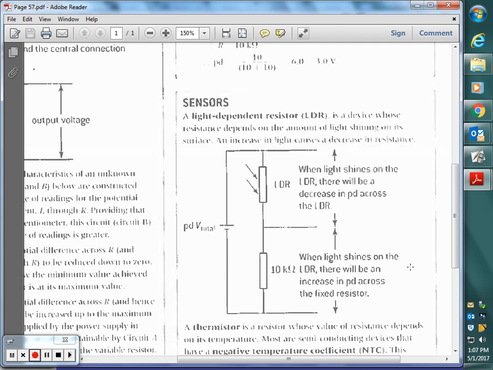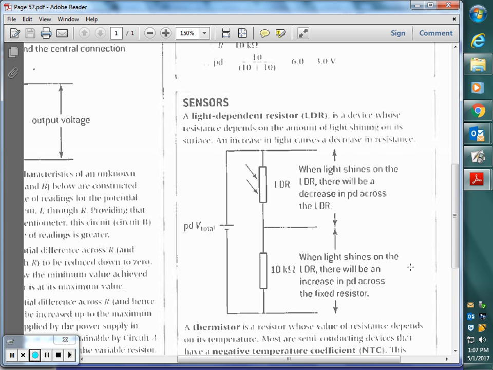An increase in light causes a decrease in resistance, right? So when light isn't shining on it, it has a high resistance, which stops or slows the flow of current to this resistor. Does that make sense? The 10 kilo ohm one, all right?